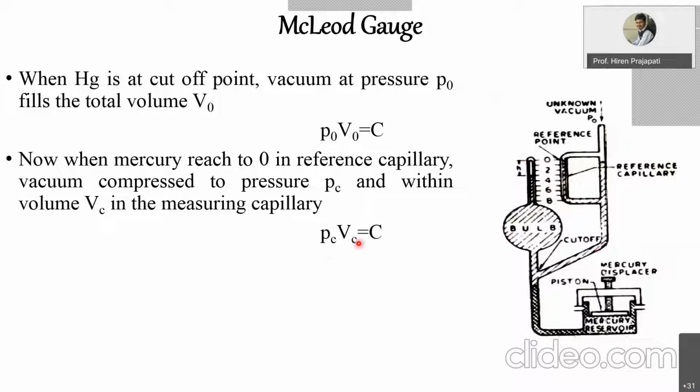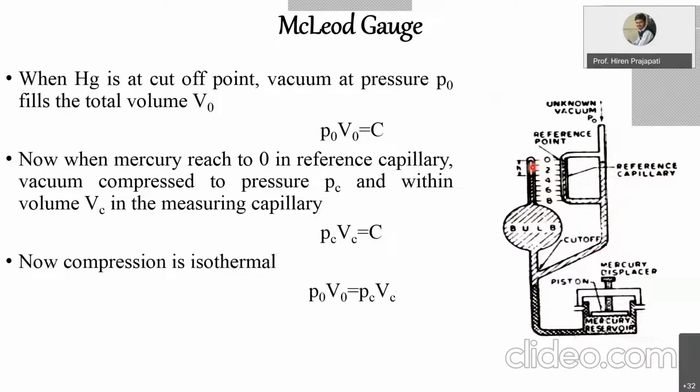So PC VC is equal to a constant. Here PC stands for the vacuum pressure after compression and VC stands for height into area of the measuring capillary, right? Now this compression is isothermal compression as per Boyle's law, so we can equate the two, because there is no change in temperature. So P0 V0 is equal to PC VC, right?